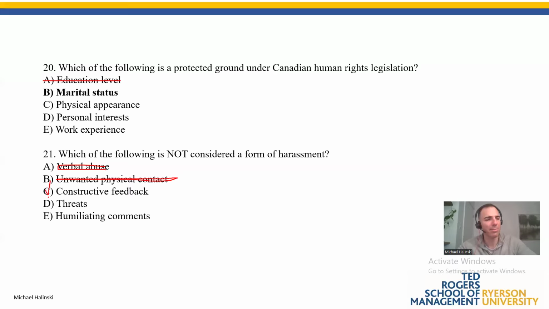It's critiquing something somebody has done rather than who somebody is. Threats, no, that's not nice. Humiliating comments, no. So this one was pretty straightforward because the distractors were quite aggressive.